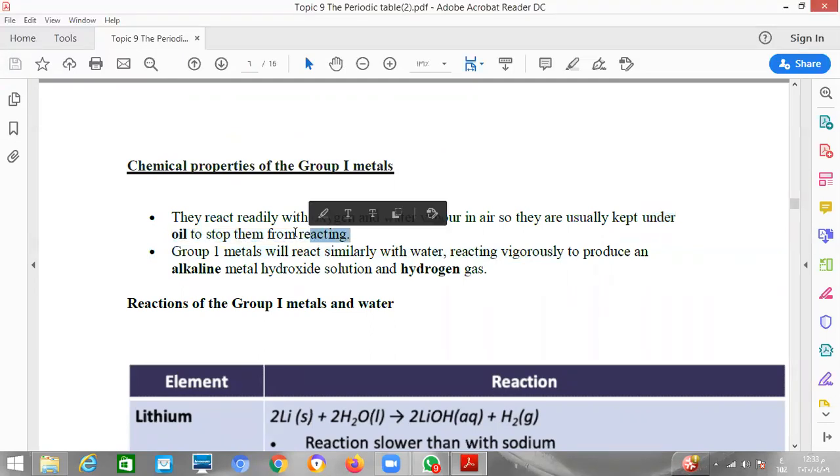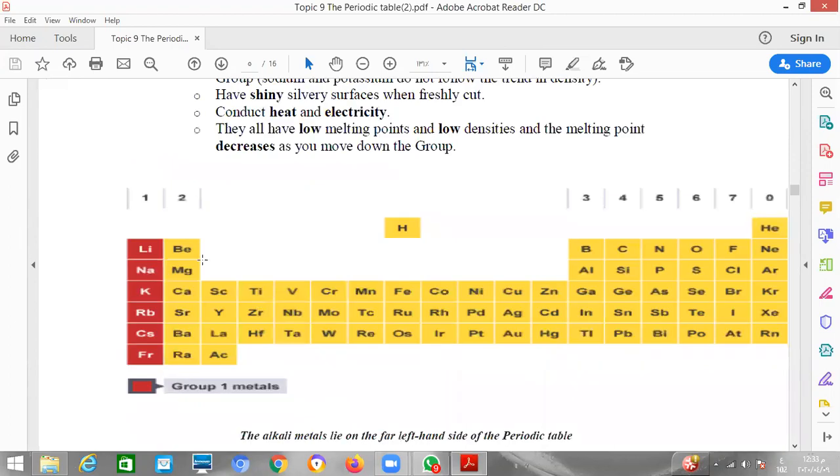The group number 1 metals all react similarly with water, reacting vigorously to produce an alkali metal hydroxide and hydrogen. For example, lithium reacts with water to form lithium hydroxide and hydrogen. Sodium forms sodium hydroxide and hydrogen.